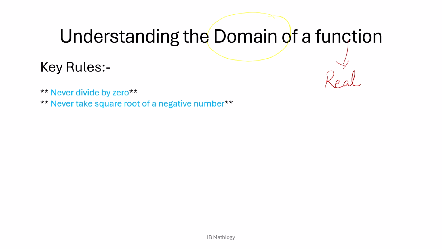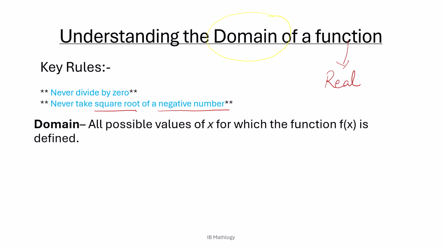We can only find the domain of a real function, and for a real function, if it is under a square root, it can never be negative. Now what exactly is domain? It is all possible values of x for which the function is defined, meaning whatever is our input, that is your domain.